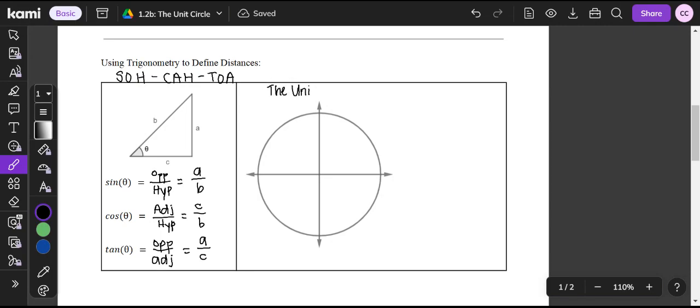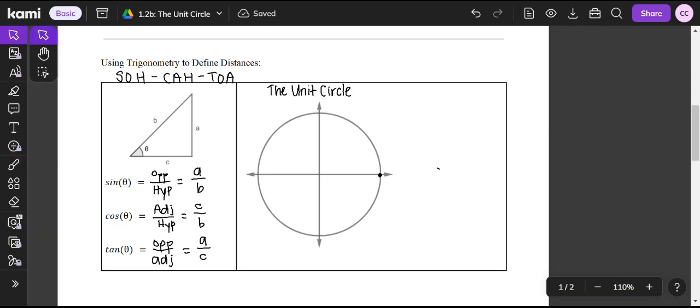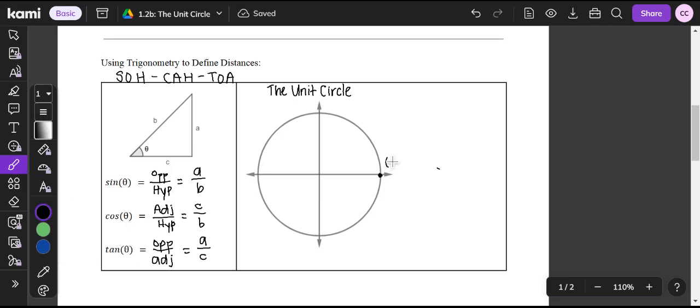And of course, we learned in the last video that the unit circle has a radius of 1, all right? So if I was going to label what the coordinates for this point right here would be, I would say that at that point, the coordinates are 1, comma 0.